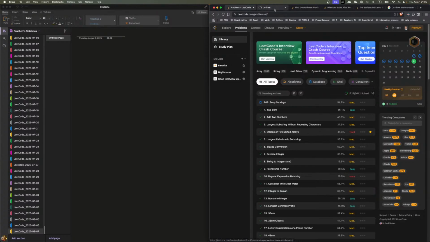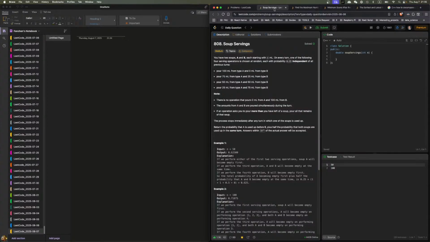Soup servings. 2 soups A and B, each starting with n milliliters. On every turn, one of the following 4 serving options is chosen at random, each with probability 0.25, independent of all previous turns.